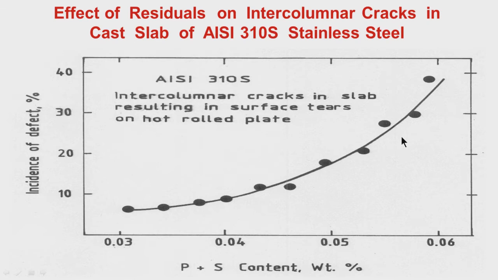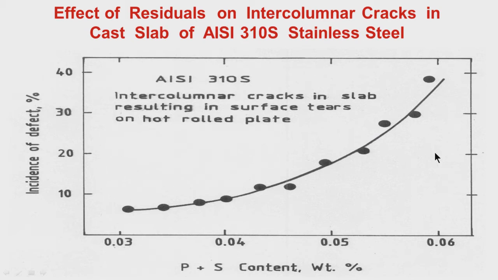Then I have mentioned an austenitic solidification situation like AISI 310S, which is a totally austenitic grade at all temperatures. At start of solidification it is austenite, during solidification it is austenite, after solidification it is austenite and continues to be austenite.